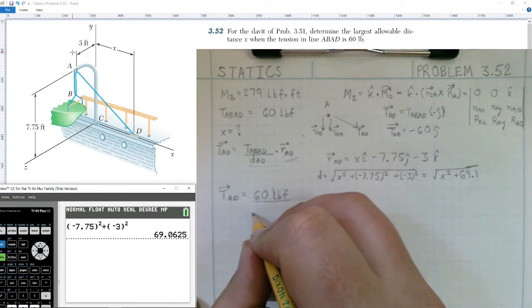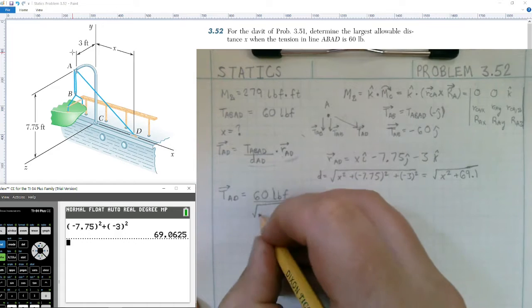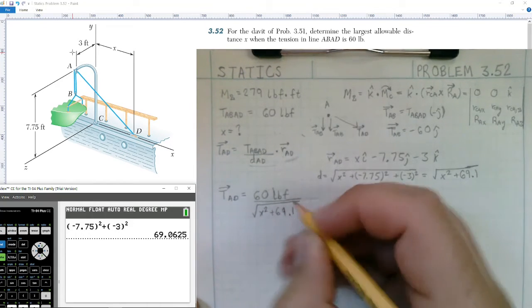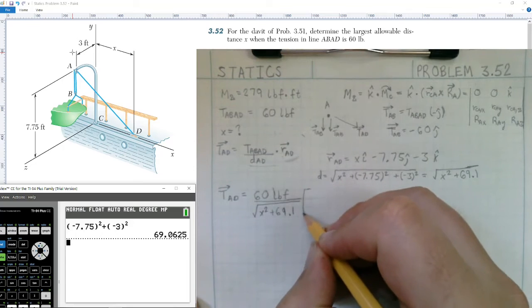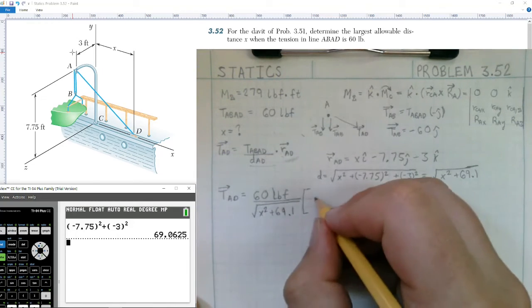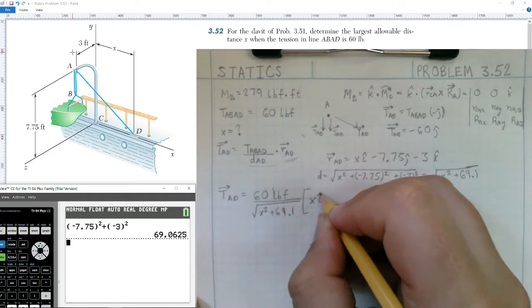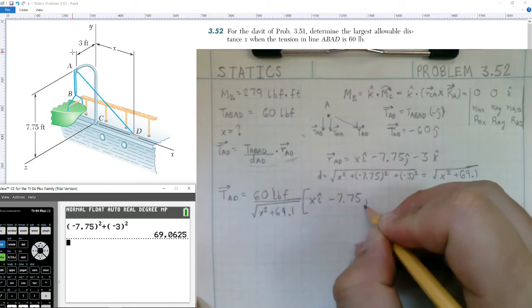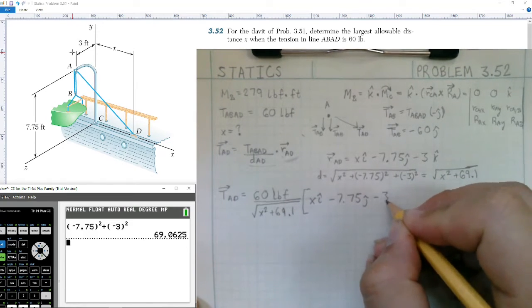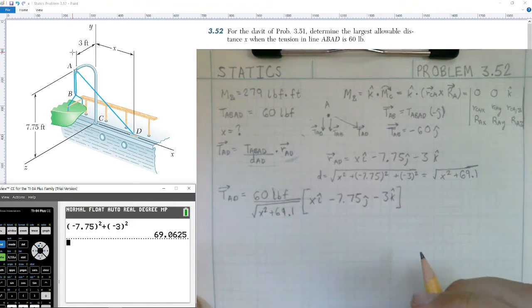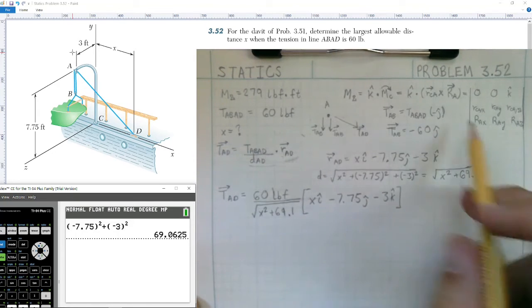So we have underneath the square root of x squared plus 69.1, and now we're going to have these values distributed out to each one of these components. So we'll have x in the i hat direction, minus 7.75 in the j hat, minus 3 in the k hat. Good to know.